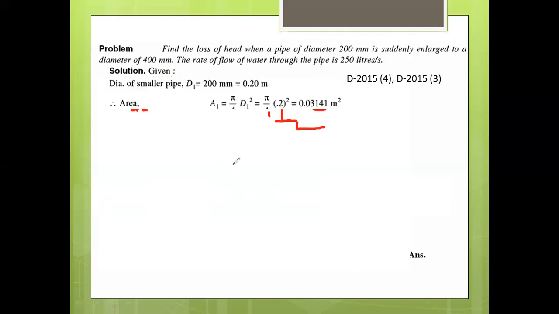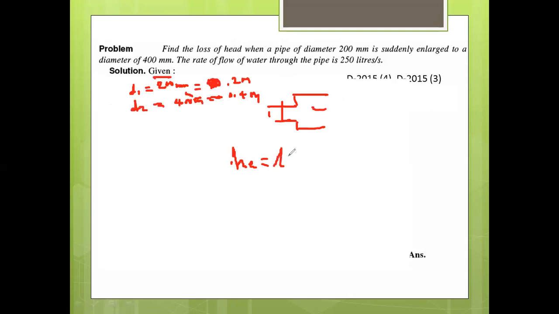So what is the formula for sudden expansion? H is equal to what? H is equal to V1 minus V2, bracket square upon 2g.